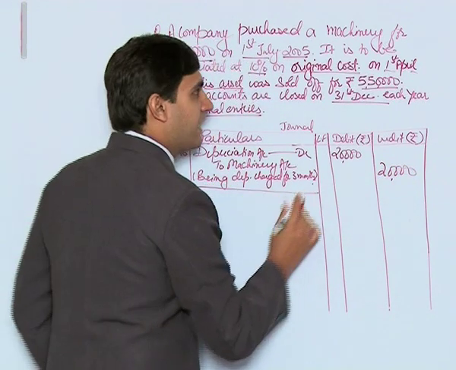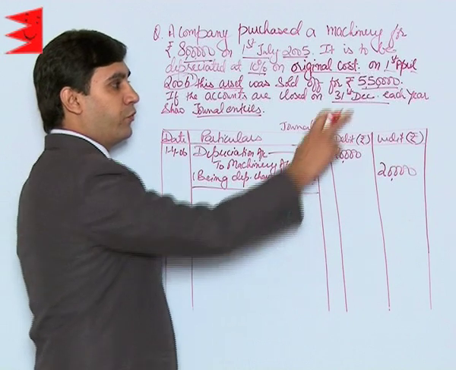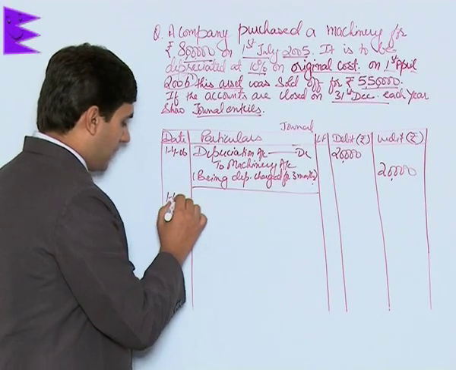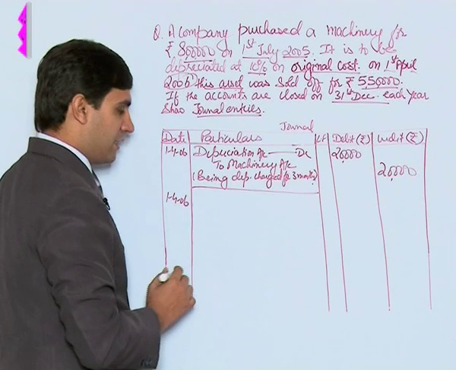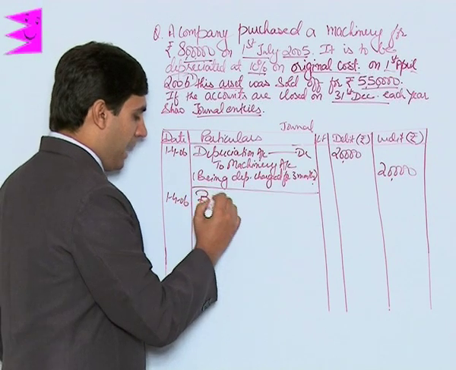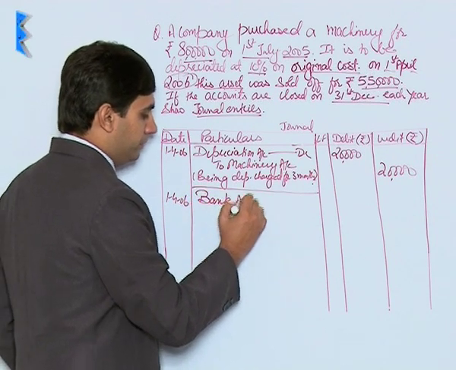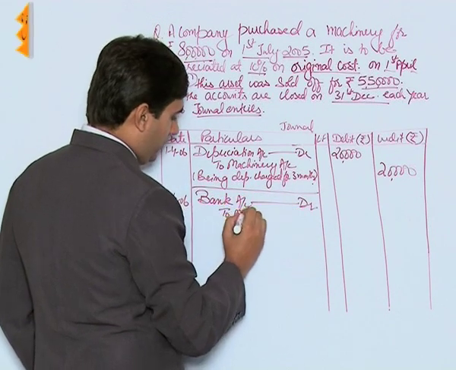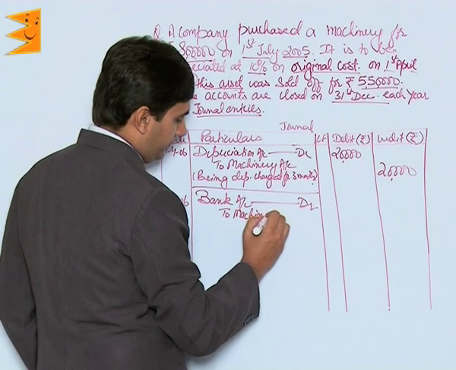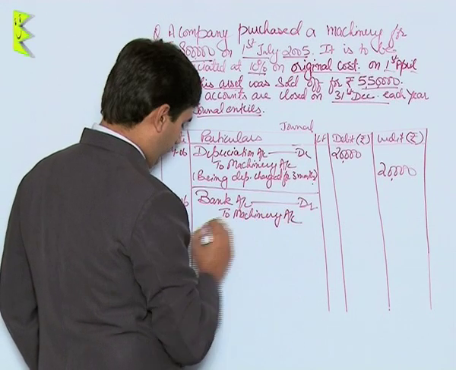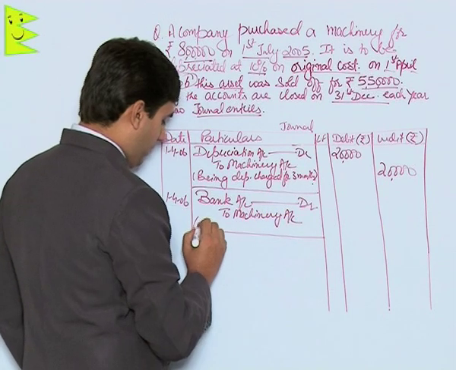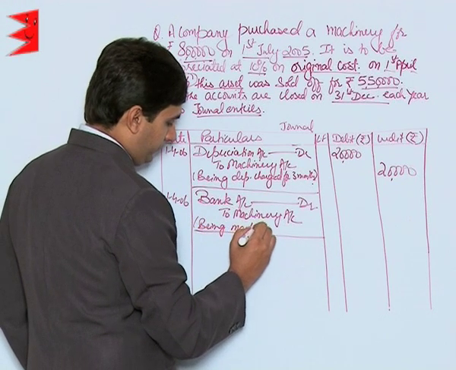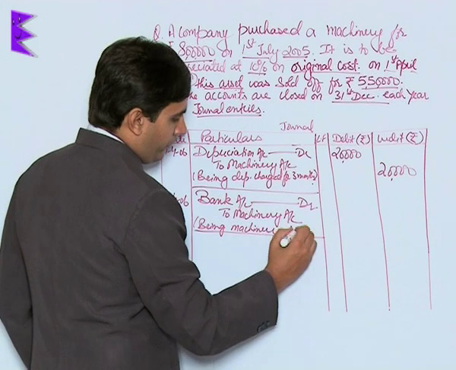Now on this date, this particular asset has been sold for rupees 5,50,000. So on 1st April 2006, since the asset has been sold, the entry would be bank account debited to machinery account. Being machinery sold.